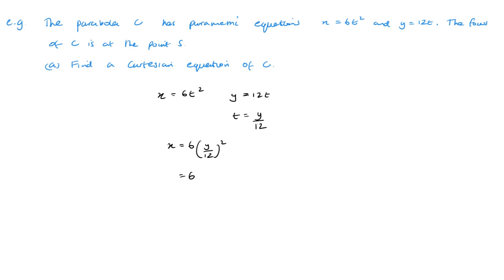So it's 6 times y squared over 144. And then 6 is going to go into that 144 24 times. So that will be 24y squared. So y squared equals 1 over 24x. And that is the Cartesian equation of C.